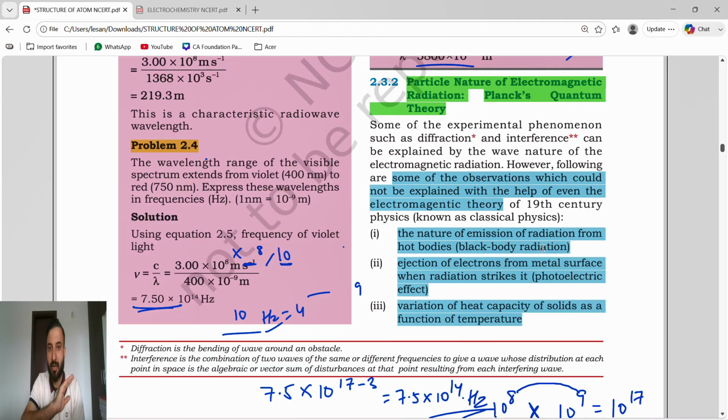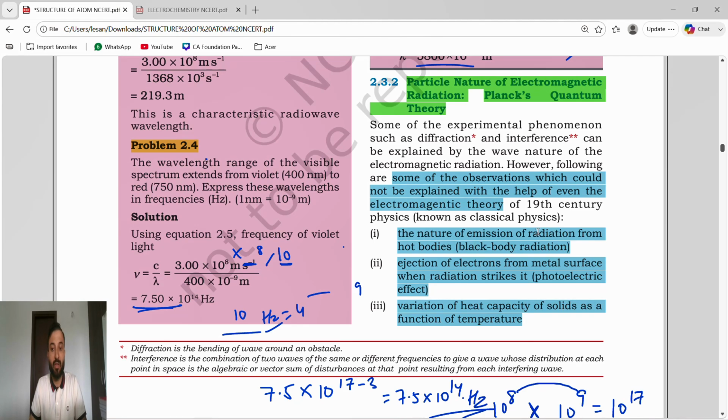Black body radiation could not be explained. Black body radiation means we have a body which is black in color and it will emit radiation. So what we cannot explain in black body radiation is the nature of emission of radiation from hot bodies.